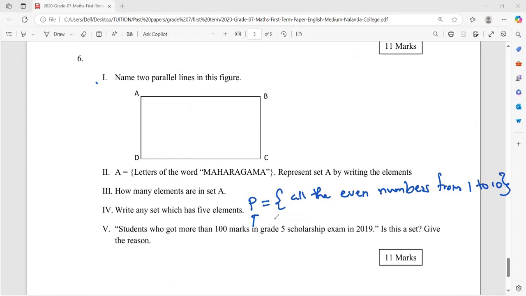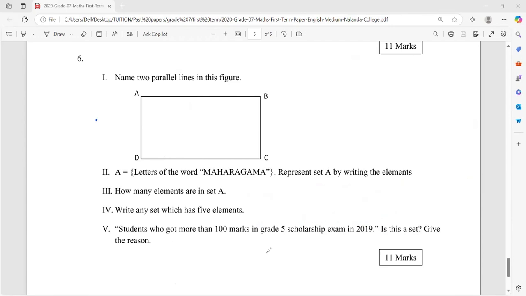So you can write P, otherwise 2, 4, 6, 8, 10. 10 also can be taken if you take from 1 to 10. If it is between 1 and 10, you cannot include 10. So I went up to 10 because I wanted 5 elements here.